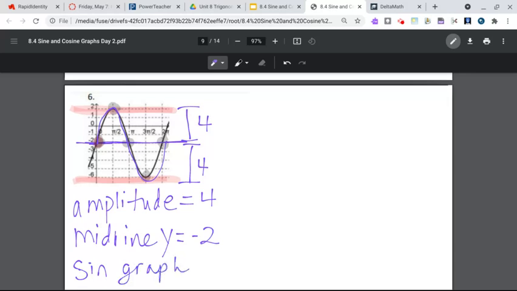Okay, the period, one cycle of the graph, lasts 2 pi. So its b value is going to be 2 pi over 2 pi, because you always put 2 pi over the period, which is 1.